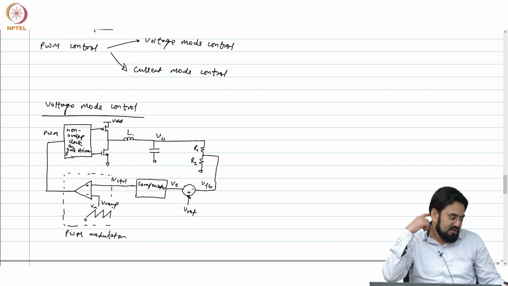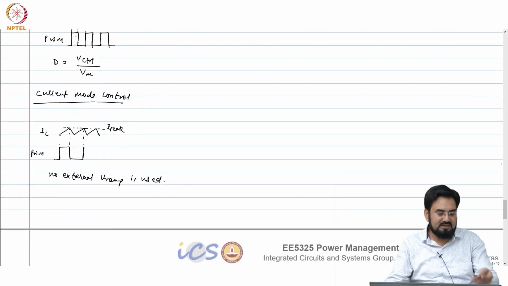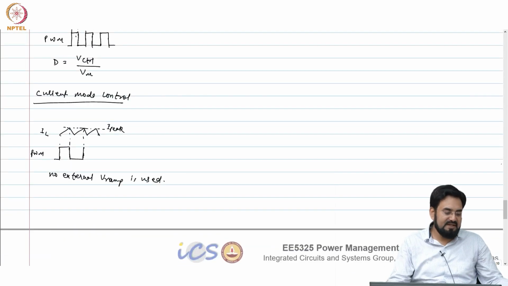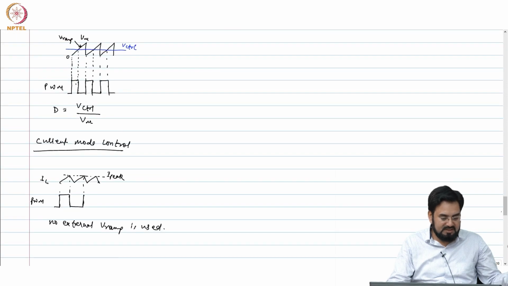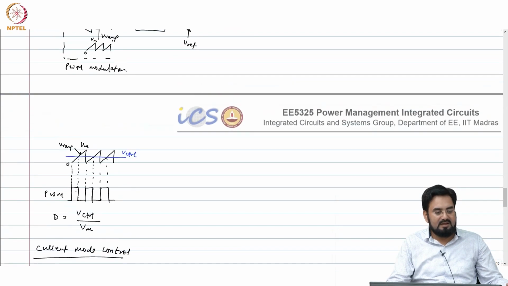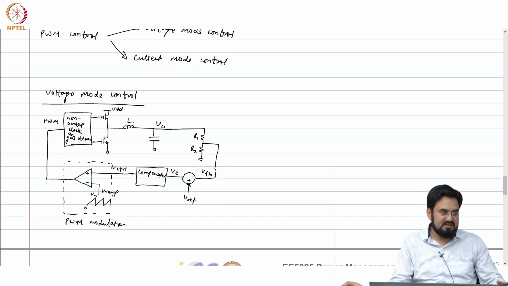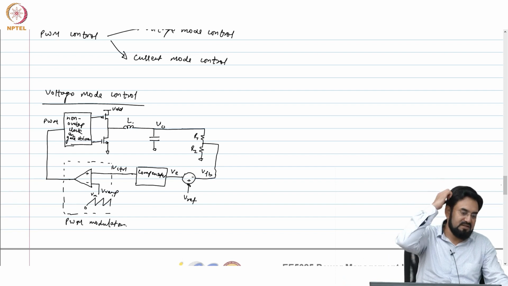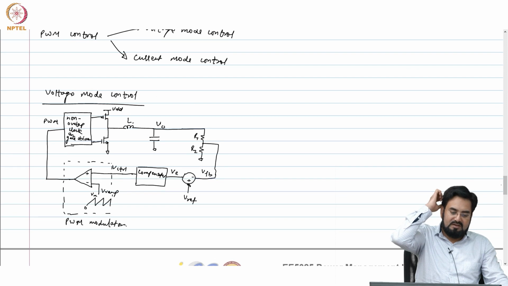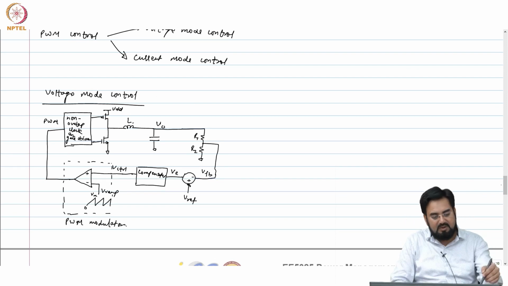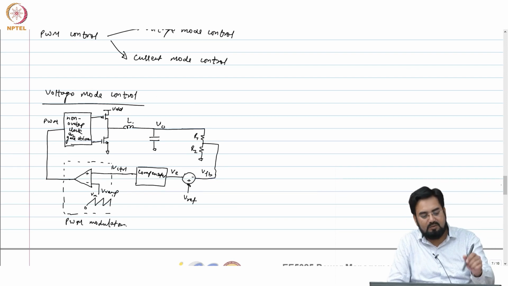In current mode, you do not use type 3, you use only type 2. Type 2 means you use only 1 zero. In voltage mode, you require 2 zeros, because you have 3 poles in the system: 2 poles coming from the LC, and another pole from the integrator in the feedback amplifier. So we will look into compensation in more detail, considering voltage mode control.